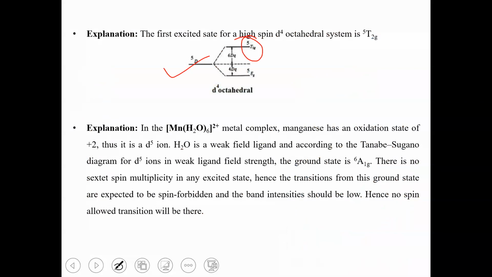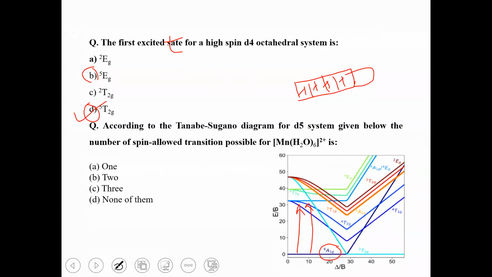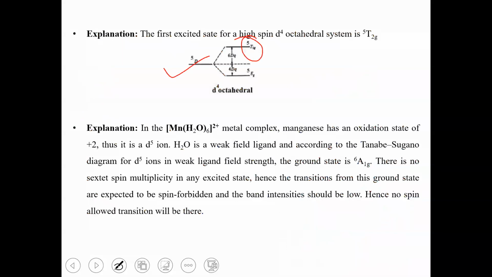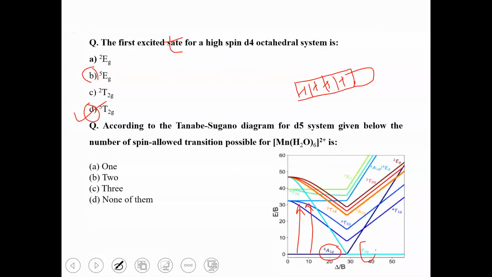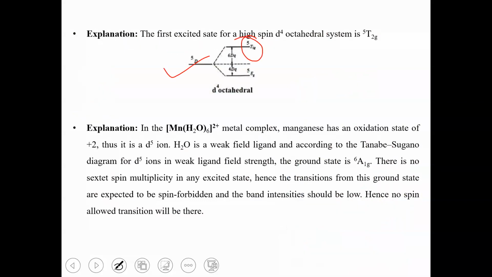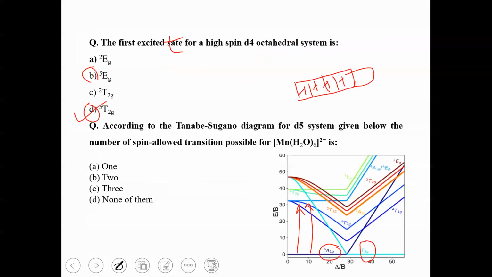In weak field it is 6A1g, but in a strong field ligand it will be 2T2g. Basically, you get these terms on the basis of electronic configuration. Since there is no sextet spin multiplicity in any excited state, there will be no spin allowed transition. So the right option will be none of them.